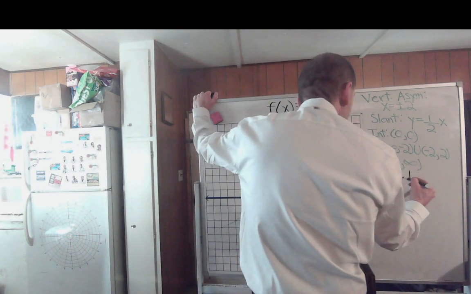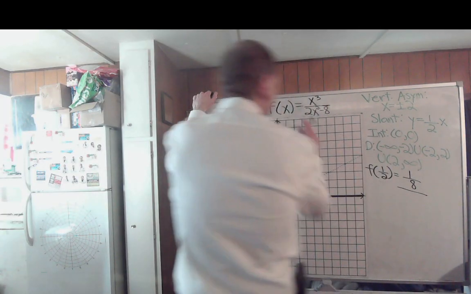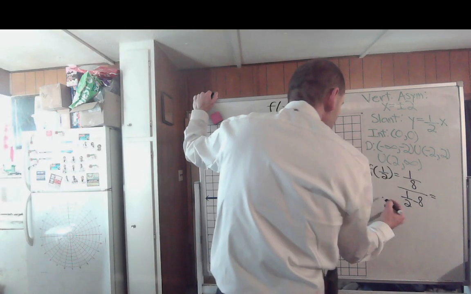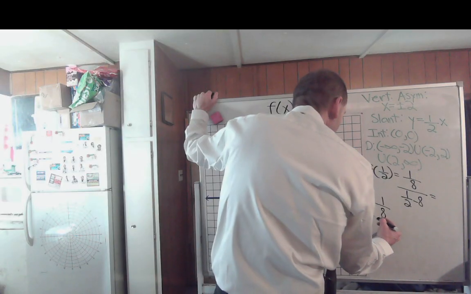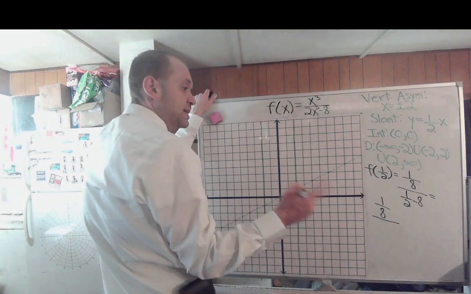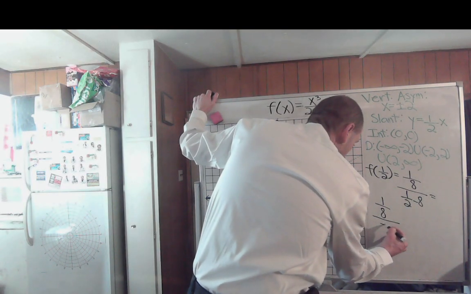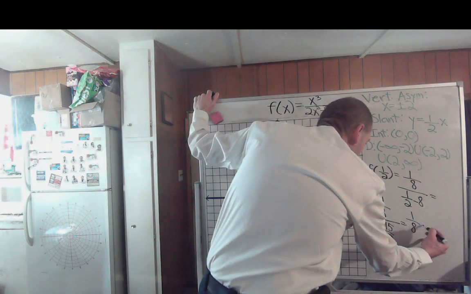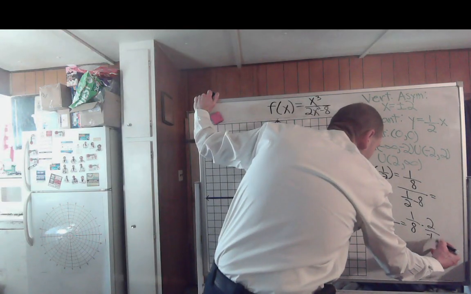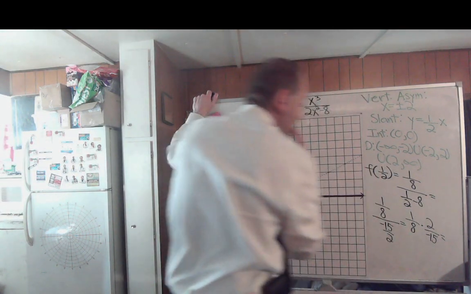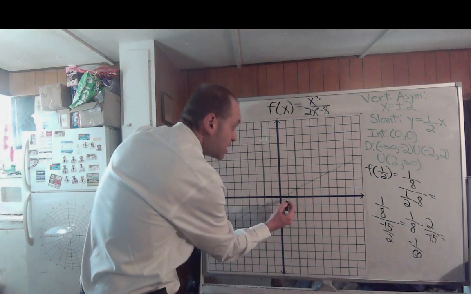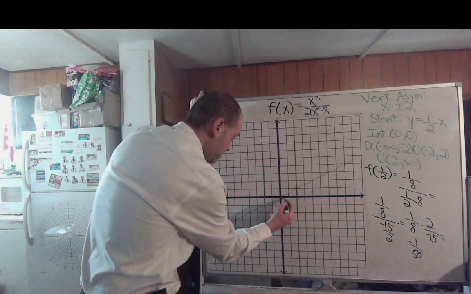That would give me 1/8 all over 2 times 1/4, which would be 1/2 minus 8, which would be 1/8 all over 1/2 minus 16 halves. That'd be over -15 halves. So that'd be 1/8 times 2 over -15. Wow, that'd give me -1/60th. Pretty close there.